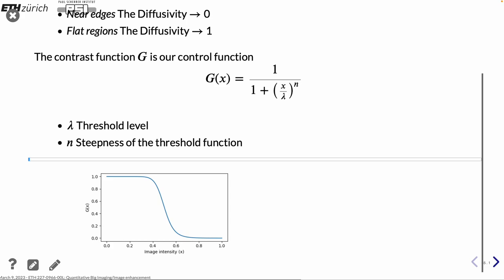What information would you use to control the diffusivity and apply this function on? What would be your stopping feature in the image?